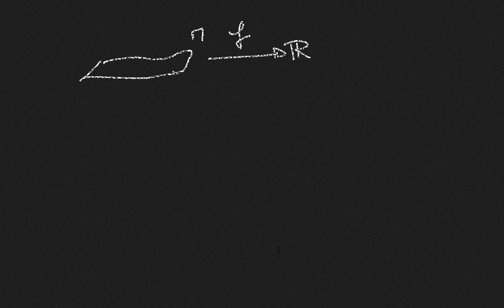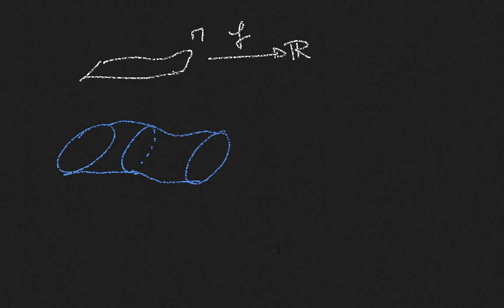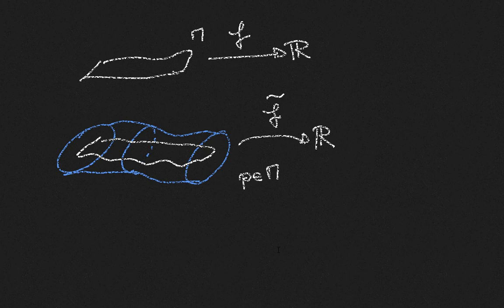Well, it means that f can be locally extended to a smooth function all around M. So you have some tube around M, here you have your M inside, and you have a function f tilde, which is defined all around M, such that for the points in M, f tilde is equal to f.